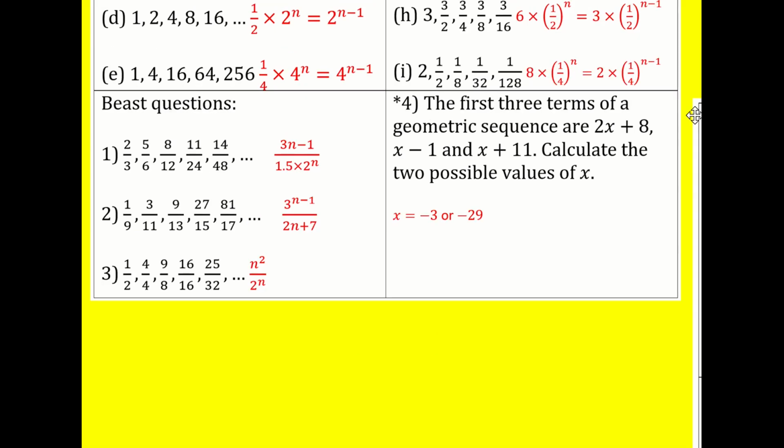This number 4, you might be looking at that thinking what, but okay, let's just break it down. The first 3 terms are 2x plus 8, then x minus 1 and then x plus 11. Calculate the 2 possible values of x. So we know it's a geometric sequence, and so we know we are multiplying by the same thing each time, and that's the key thing in this question.